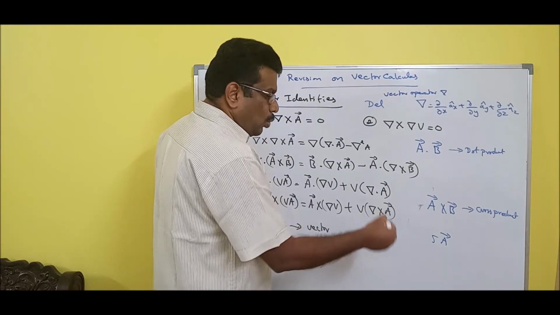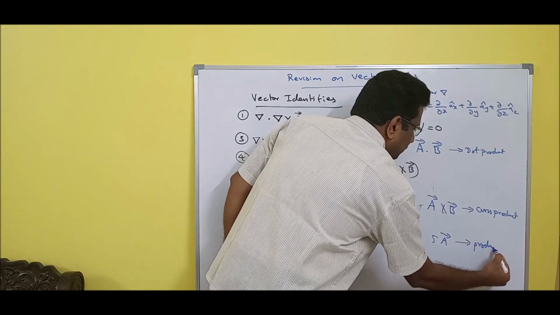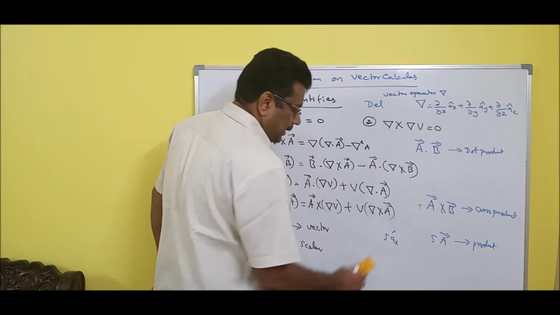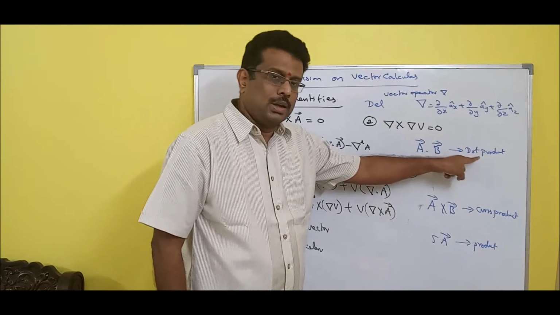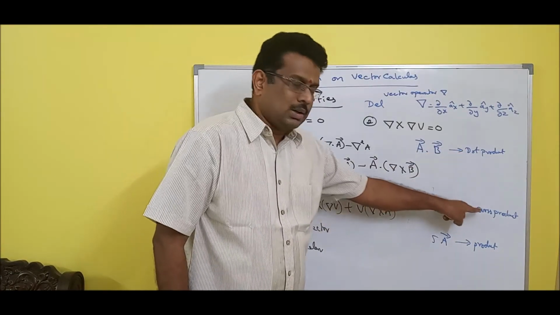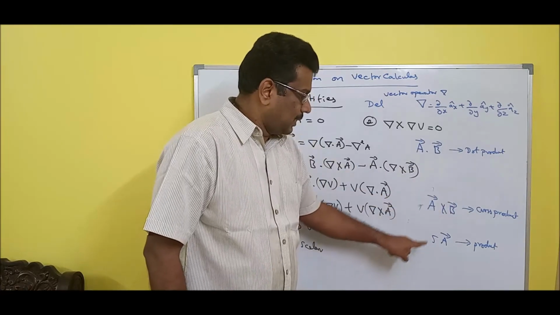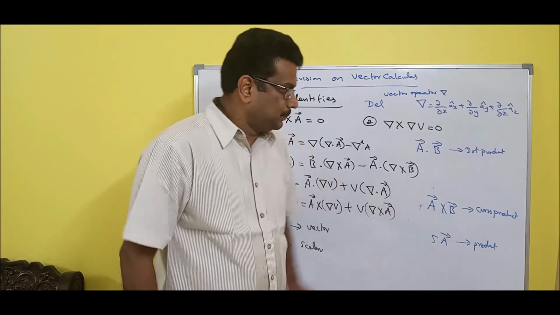One vector and one scalar, we simply call it a product. It is a general name, like 5 a x cap. Two vectors with dot product: result is a scalar. Two vectors with cross product: result is a vector. A vector and a scalar is called a product: result is a vector.